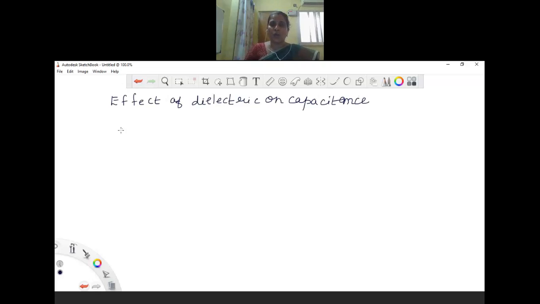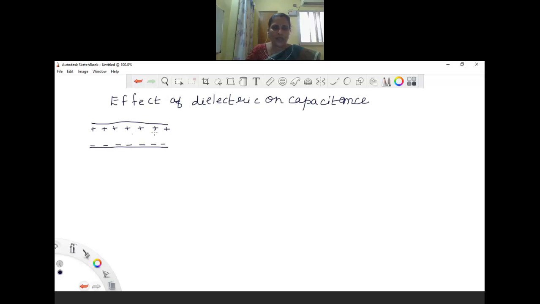Okay. Hope all of you remember parallel plate capacitor. A parallel plate capacitor is a system consists of two large conducting plates having charges plus Q and minus Q, and they are separated by the distance D. So here are the two parallel plates and they are conducting plates.